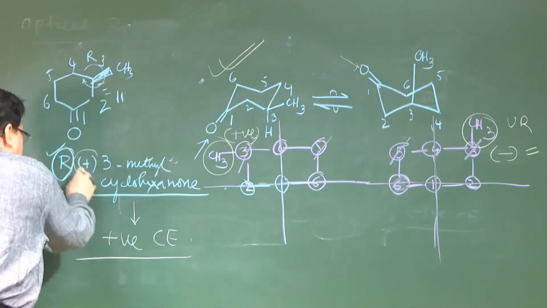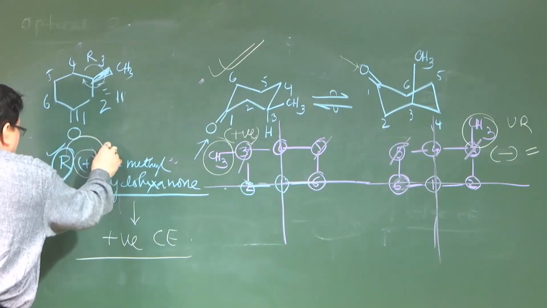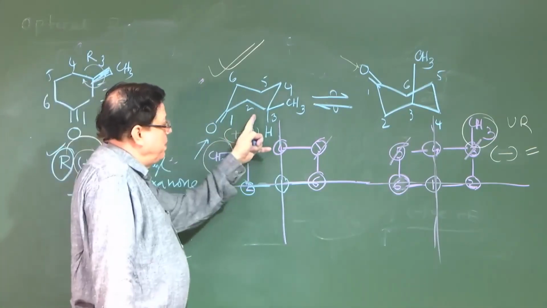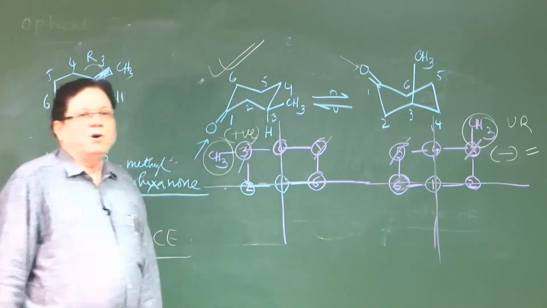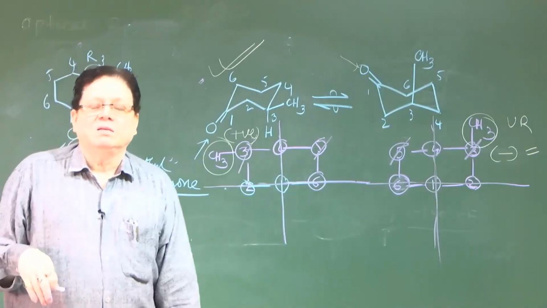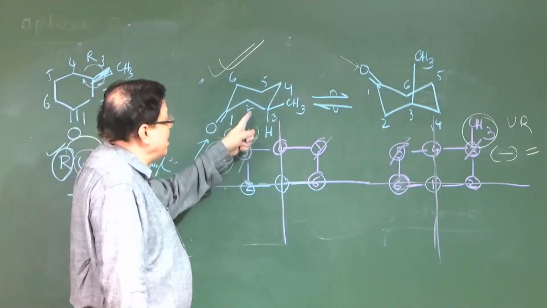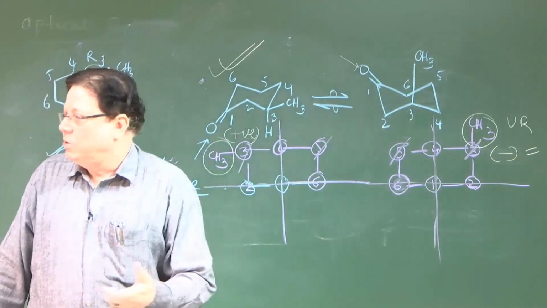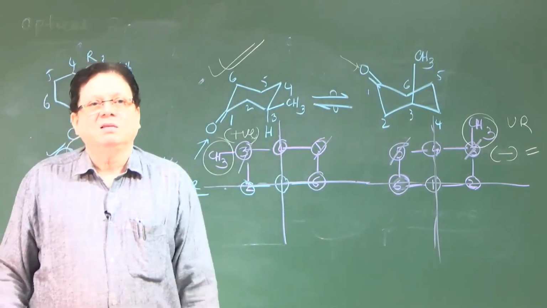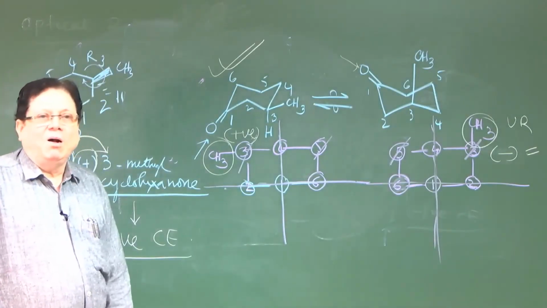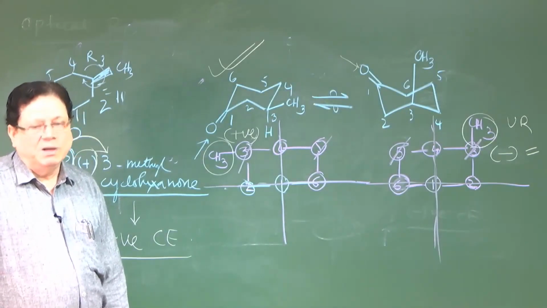Plus is difficult to predict, but what we know is R-3-methylcyclohexanone exists preferentially in the conformation where the methyl is equatorial, which means logically that you have concluded already, because you have been told that bulky substituents occupy equatorial, but it has been proven by applying the octant rule and checking the sign of the Cotton effect.